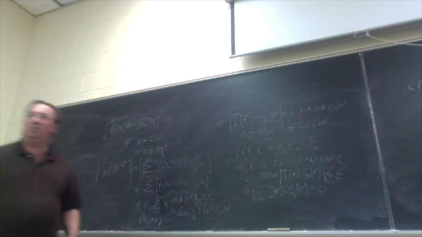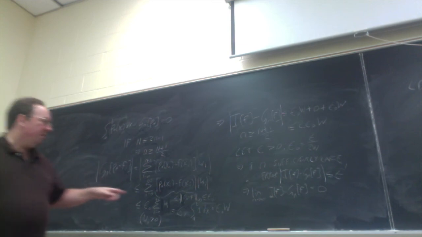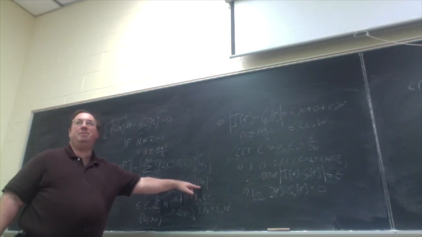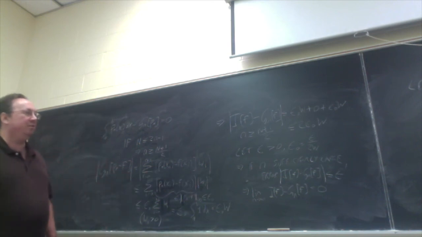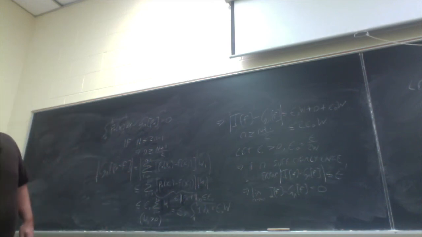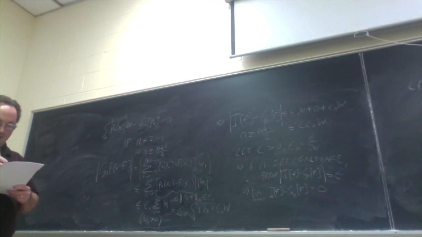We saw, like, if I tried 20 nodes or something like that, on the interval like -1 to 1, the weights got up to over 100. So this part cannot be bounded for Newton-Cotes. That's why this kind of result does not hold for that situation. But for any Gaussian quadrature rule, with orthogonal polynomials with respect to any weight function, it does work. Okay. So that's why positive weights are very important.